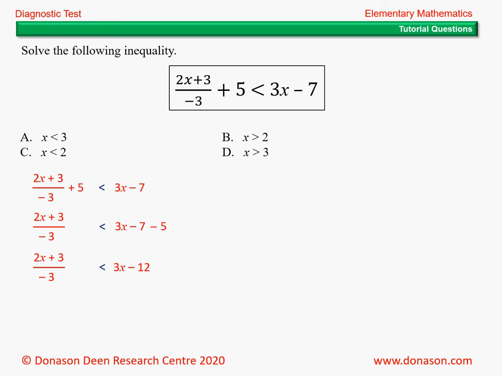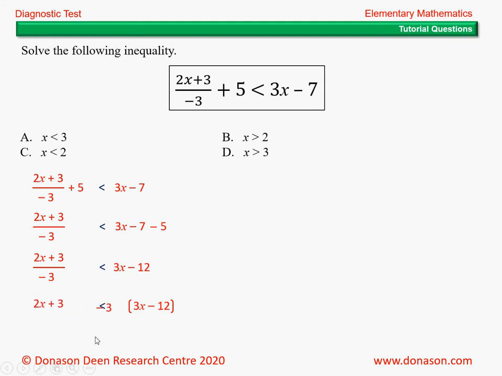The next thing is we have a denominator on the left side of the inequality, which is the minus 3, and we're going to throw it across to the right side and cross multiply. Just take note, there is something important you must remember.